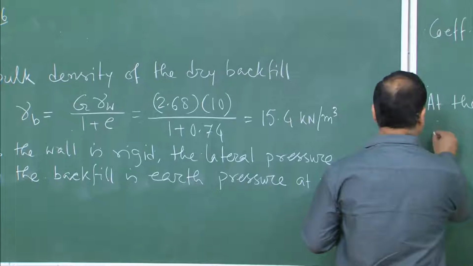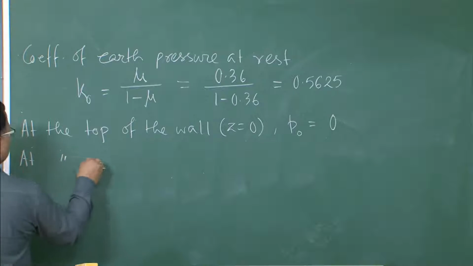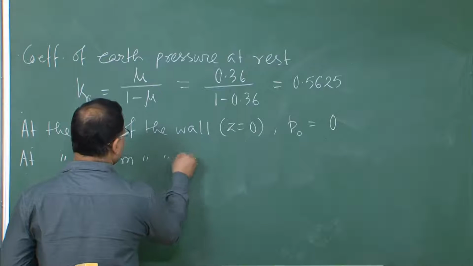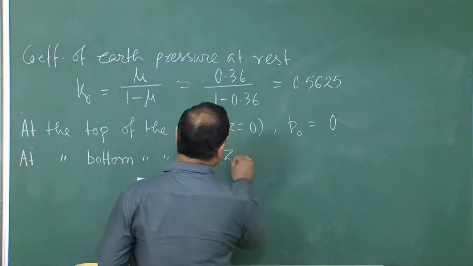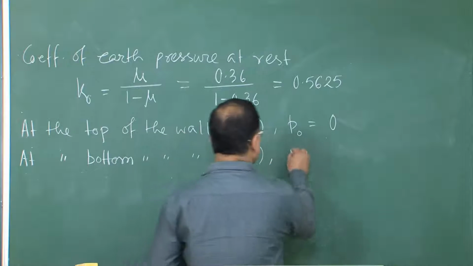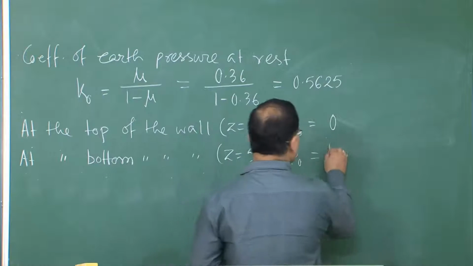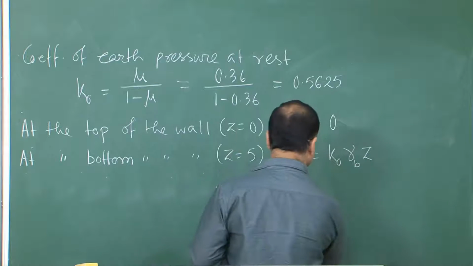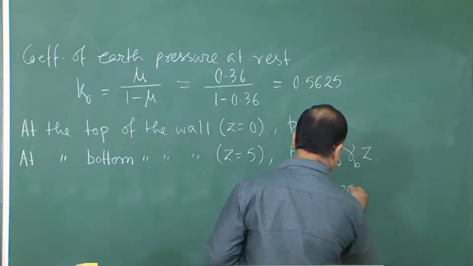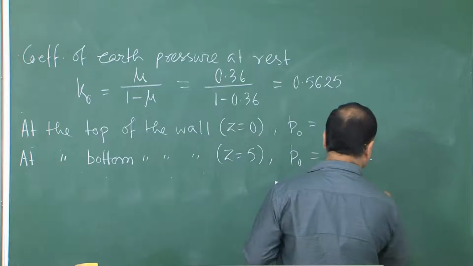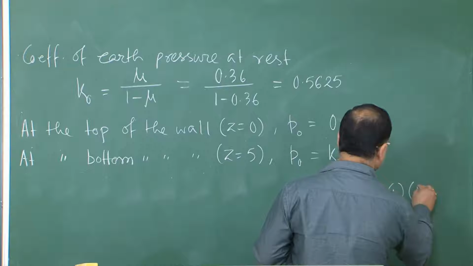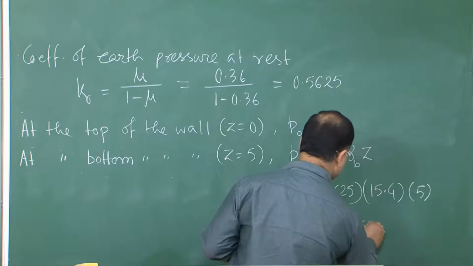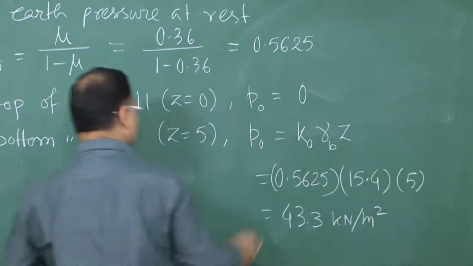Okay. So, at the bottom of the wall, that means Z equal to 5, your earth pressure is equal to K naught gamma into Z. So, which gives me 0.5625 into 15.4 into 5, which comes around 43.3 kilonewton per meter square.